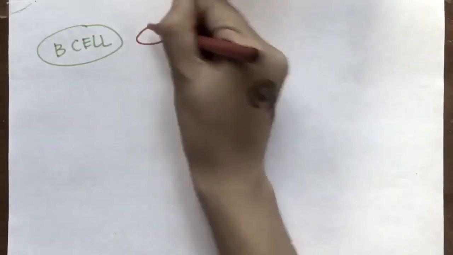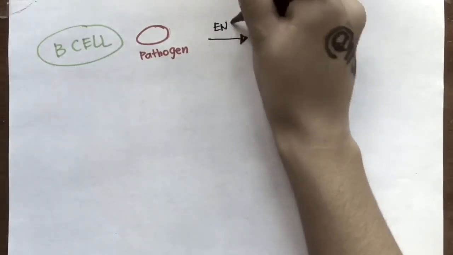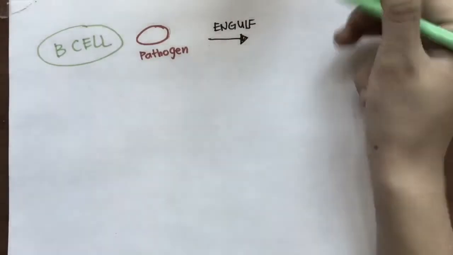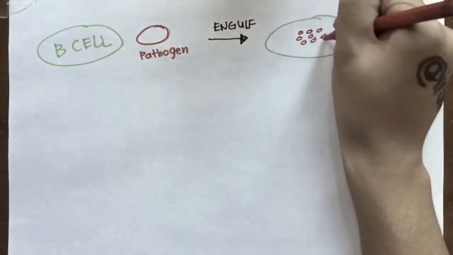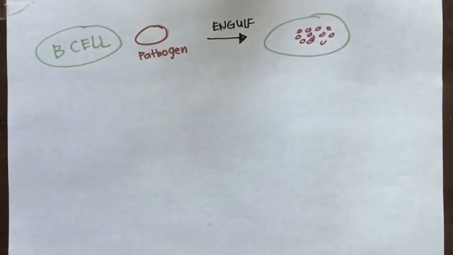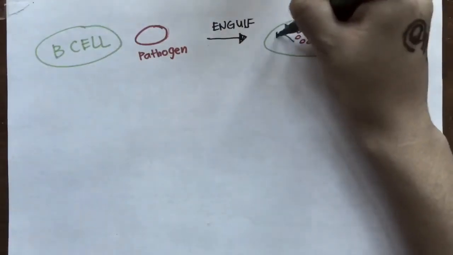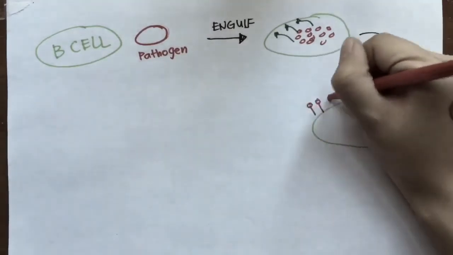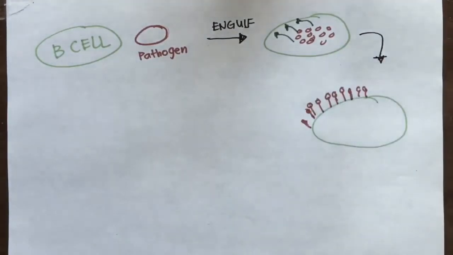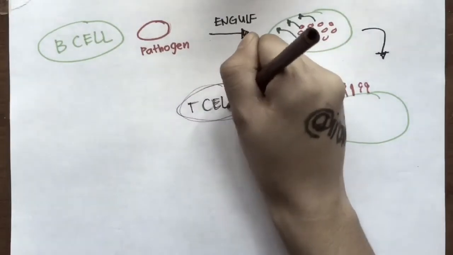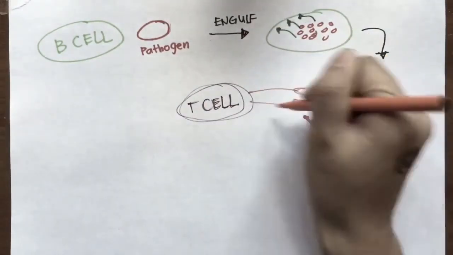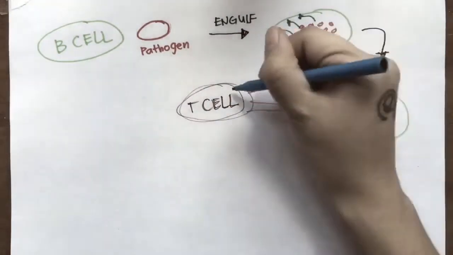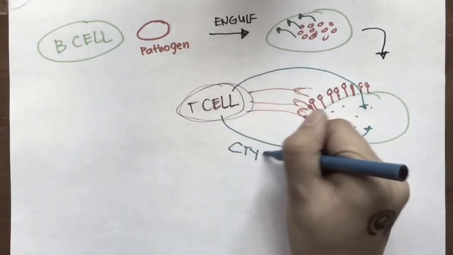The second stage of this response begins when the B cell encounters a pathogen. The B cell will engulf the pathogen and break it into fragments. Then, it will present the fragments at the surface. Then, the corresponding T cell will bind to the corresponding antigen-presenting cell. The T cell releases cytokines.